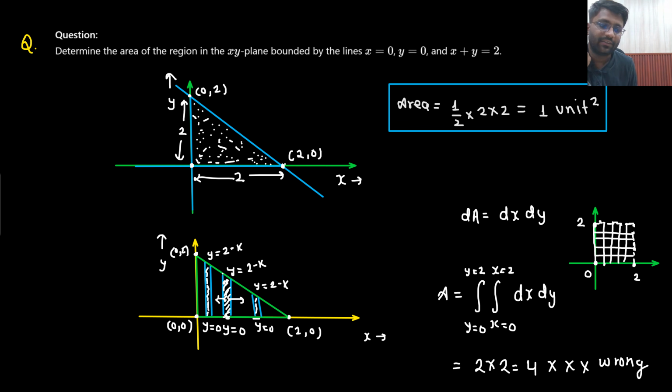But you need to make sure of one thing: y will go from 0 to 2 minus x, and x will go from 0 to 2. Now, always when you need to solve this kind of integration, where one limit is constant and one limit is variable, you will solve the variable limit first and the constant limit later on.